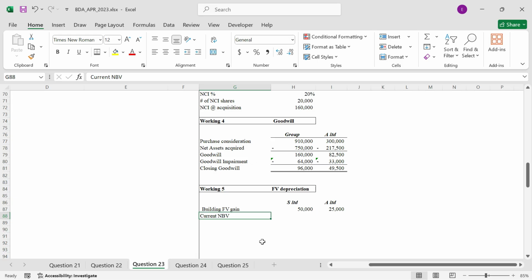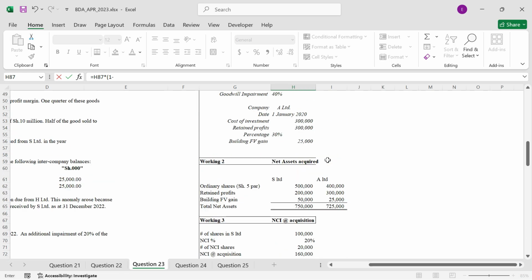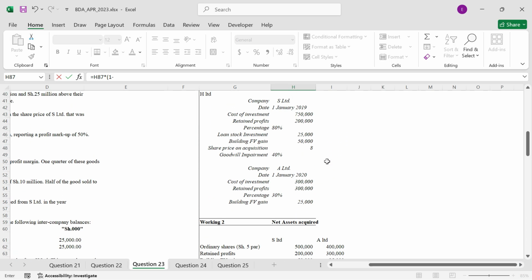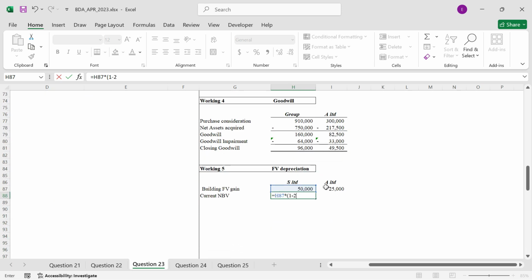Instead of going about it manually, I can use a formula. So equal starting point multiplied by 1 minus 2%.